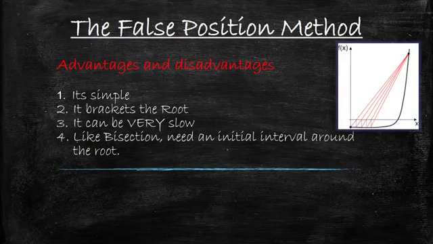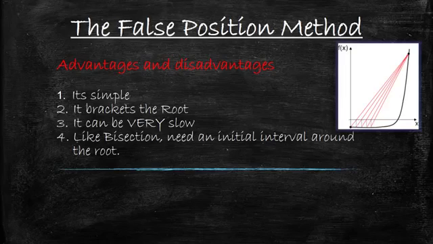The false position method is the second type of bracketing method. Advantages and disadvantages of this are, it is quite simple and it brackets the root.